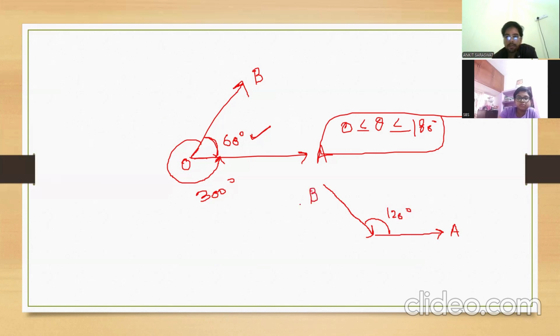Tell me what is the angle between them. 60 degrees, sir. Very good answer. This is correct. Do the parallel shifting, move it a little bit parallel to this, so that you can easily see it. Any doubt?